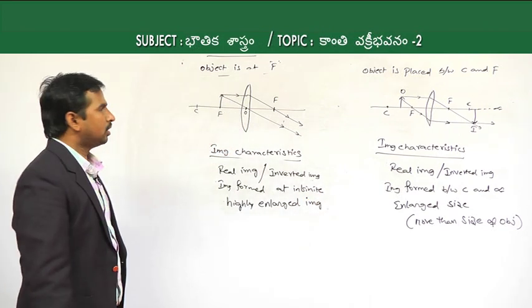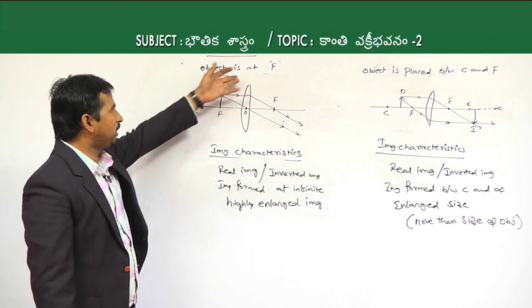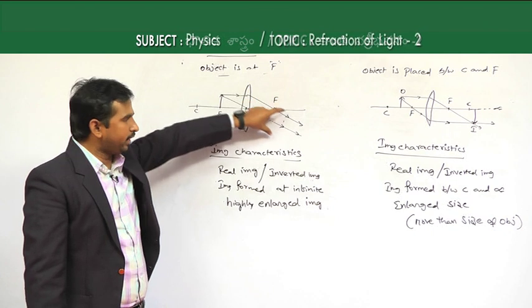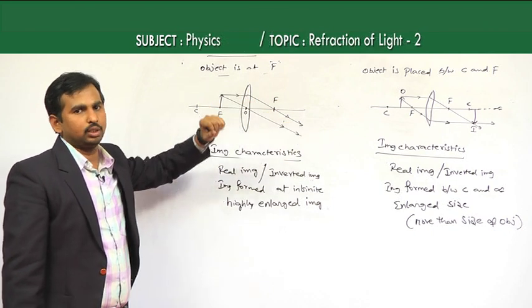These are the image characteristics if the object is placed at the principal focus. After refraction both the light rays are going parallel to each other.